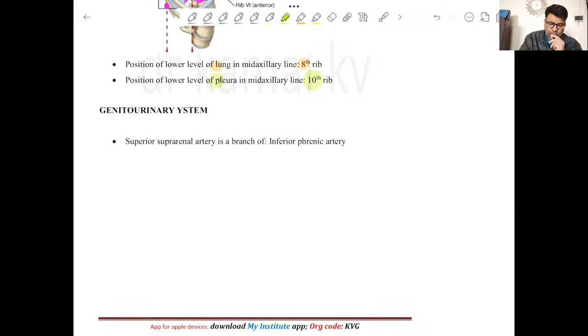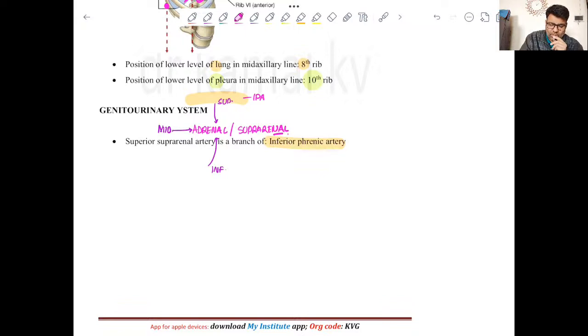Then coming to arterial supply of adrenal gland, which is also known as suprarenal gland. Now there are 3 arteries, one coming from above, one coming from below, and the third one coming like this. So superior, inferior, middle. Superior is coming from inferior phrenic artery. So this is the inferior phrenic artery, which is giving off the superior suprarenal artery.